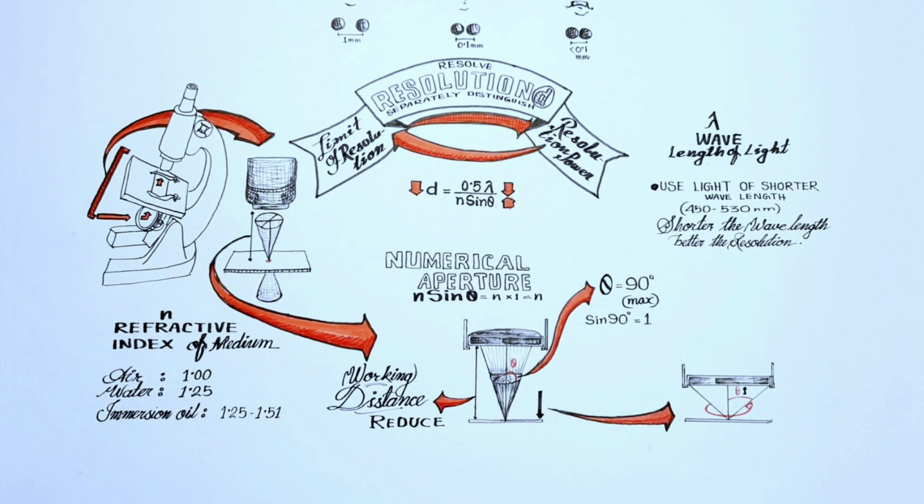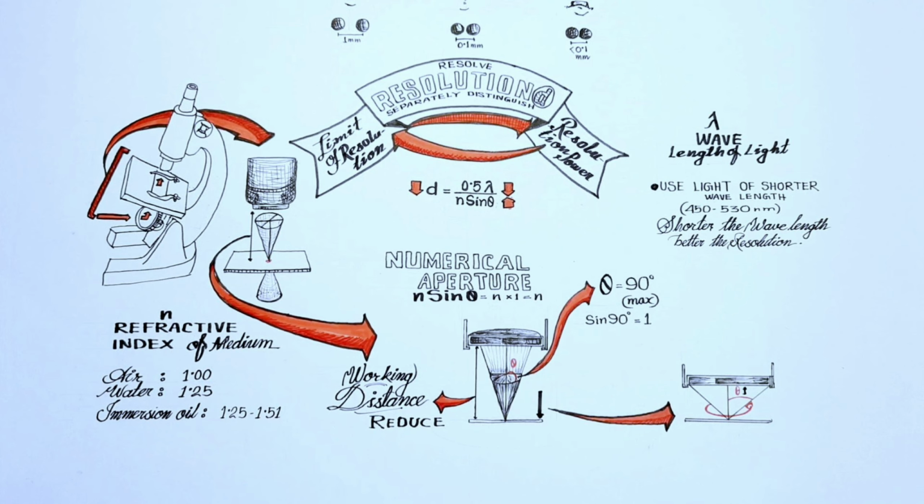So to achieve higher resolving power, we need to replace air from the working distance area by one of these high density mediums like oil immersion, so that many light rays that did not enter the objective due to refraction at the surface of the objective lens and slide will now do so.